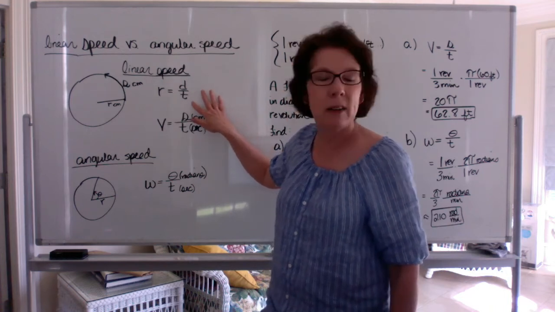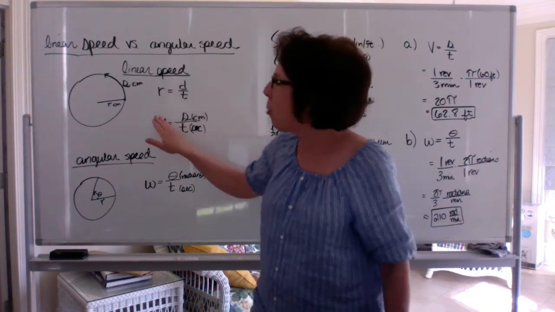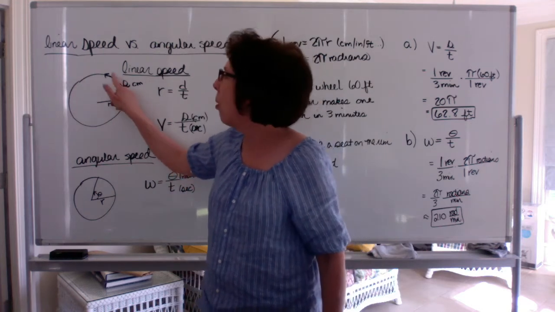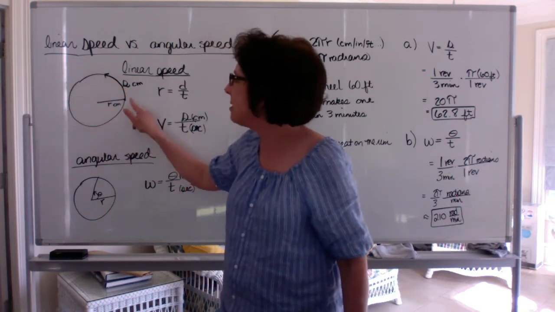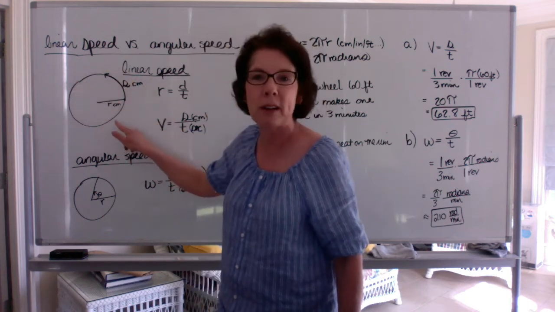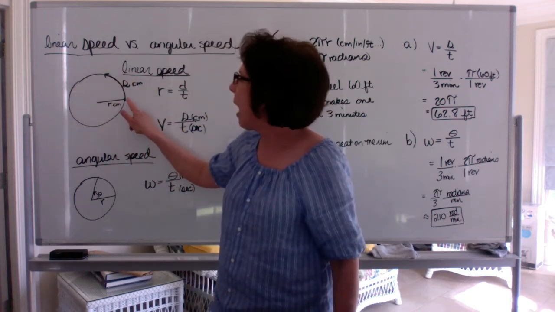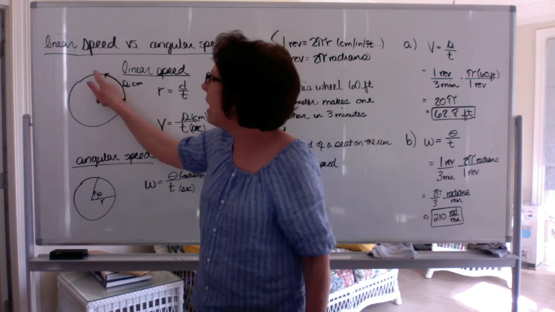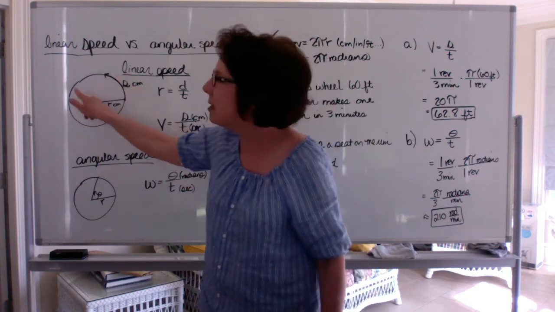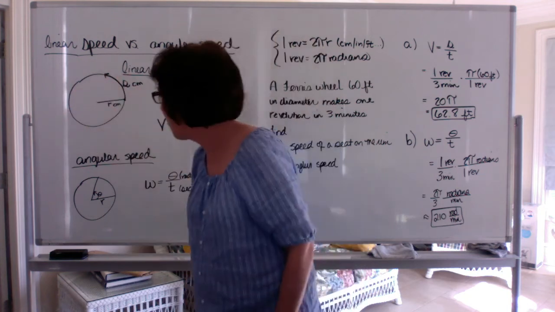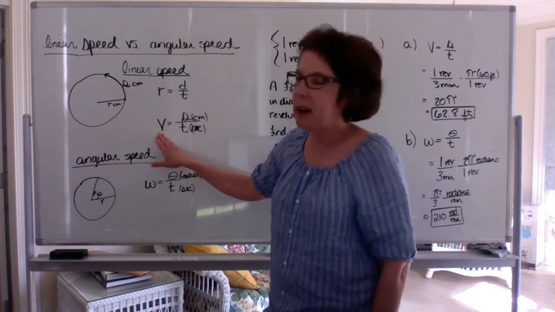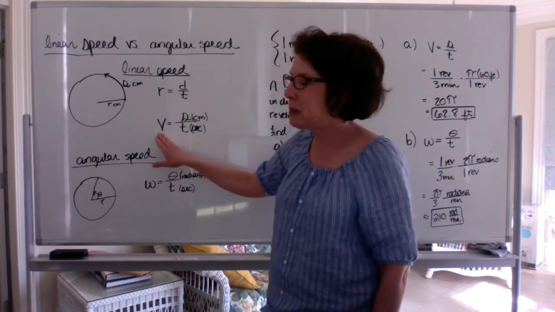So now we're in a chapter on circles. So what we're going to do is talk about the speed of a particle or just anything that is traveling along the outer rim or the circumference of the circle. So I'm talking about what is the speed traveled around the circle. Okay, now we go ahead and call it V for velocity when we're talking about circles, but it's the same thing as rate.